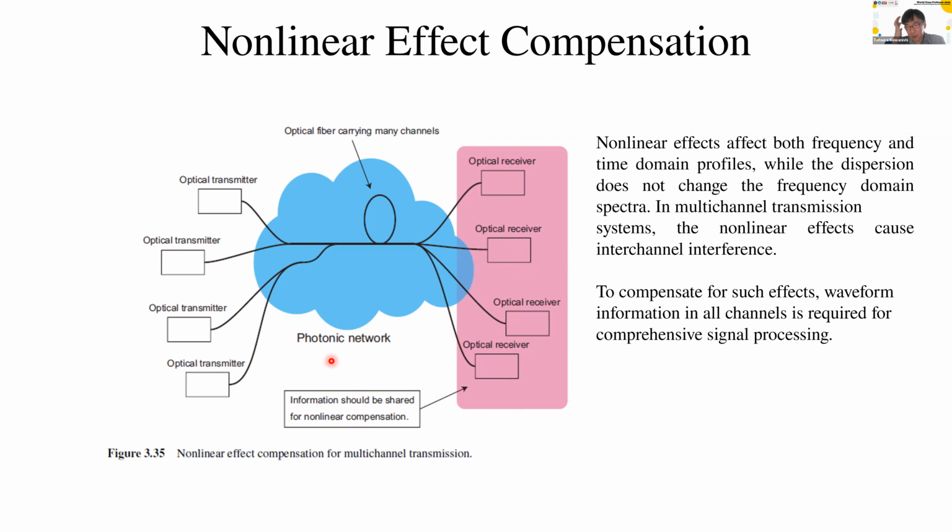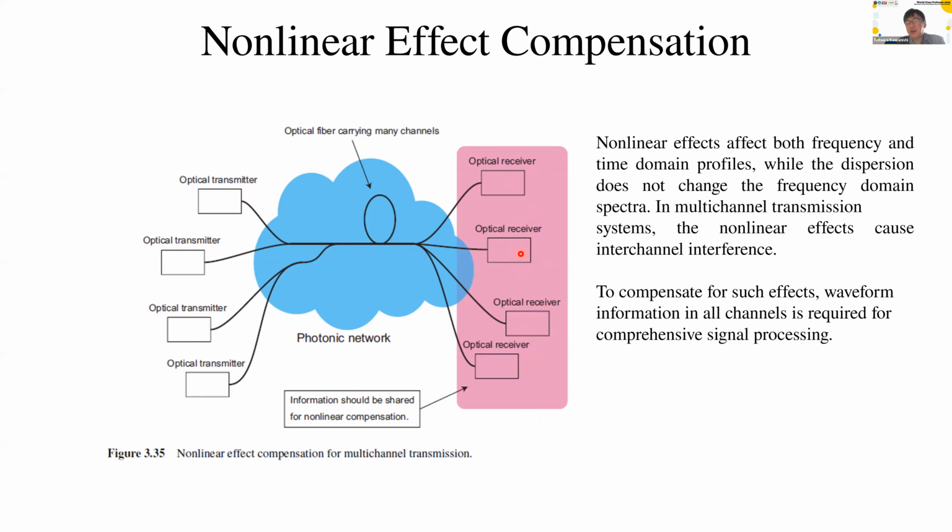But in an optical network, we may have a complicated optical network like this. Here are optical transmitters, combined together and distributed to other different places. In that case, to compensate the nonlinearity here, we have to know the information of the signal of here and here. But if we want to share the information at the receiver side, we have to have another optical fiber here.